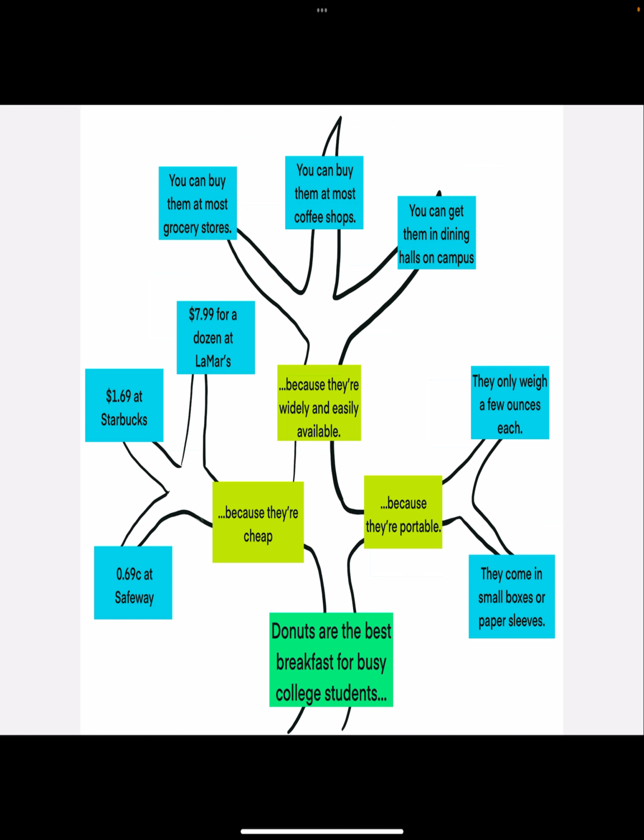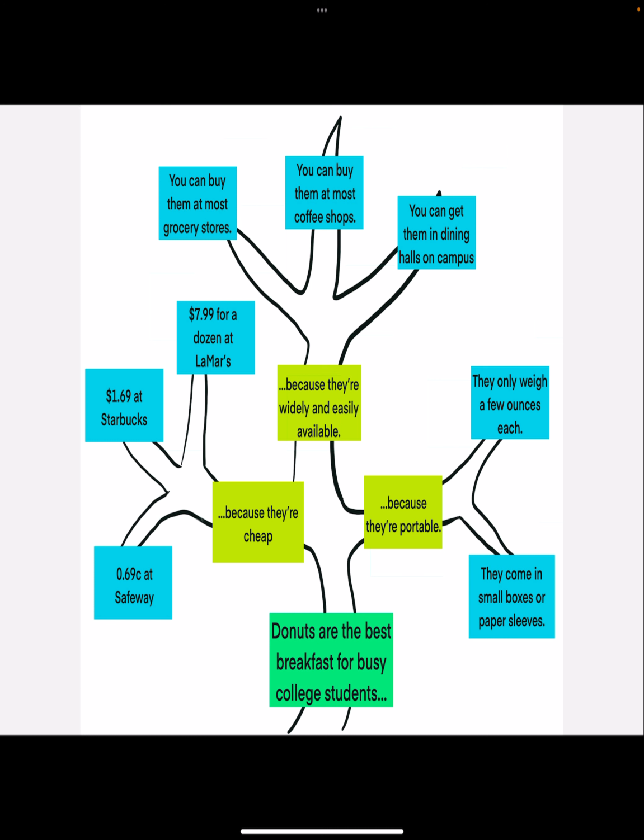So hopefully you guys got something close, right, to widely and easily available, because those three pieces of evidence, grocery stores, coffee shops, and dining halls, are about accessibility, where you can find them, which is, again, pretty much everywhere.